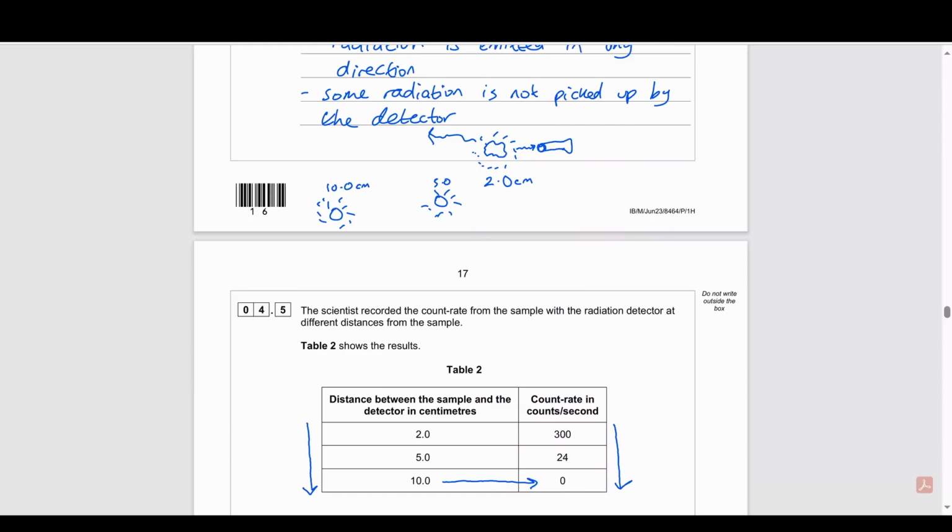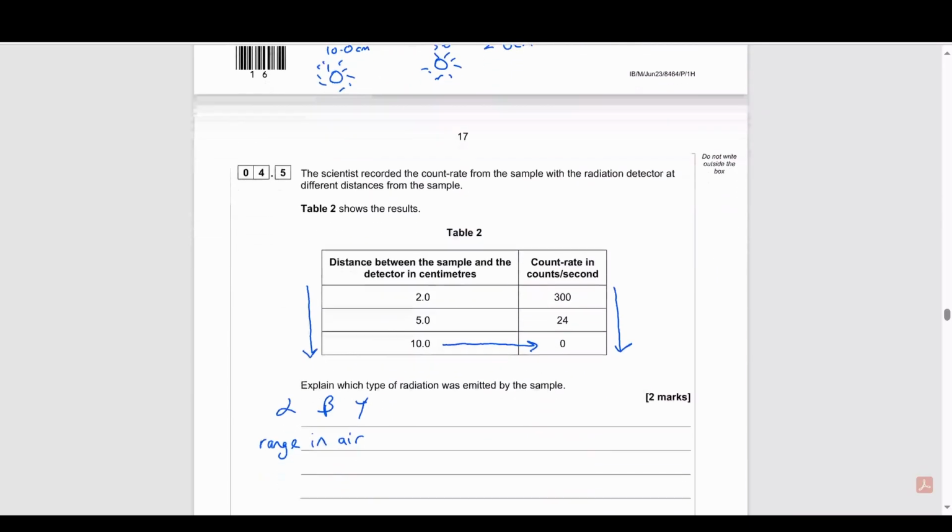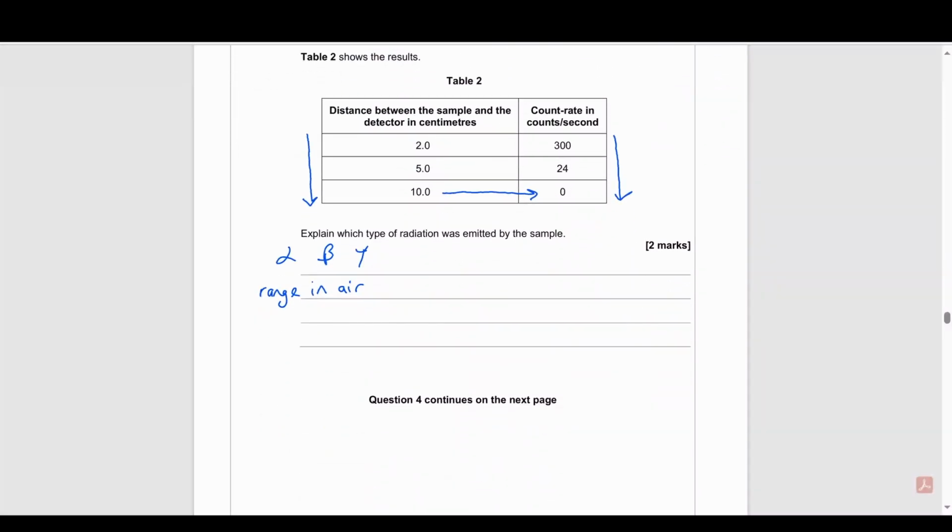We need to remind ourselves then about which is going to have the smallest or shortest range in air. Because at 10 centimeters, it would be too far away from the detector to get picked up. So the one that's got the shortest range in air is most likely going to be the correct answer here. From our different types of radiation, gamma has the longest range and alpha has the shortest range.